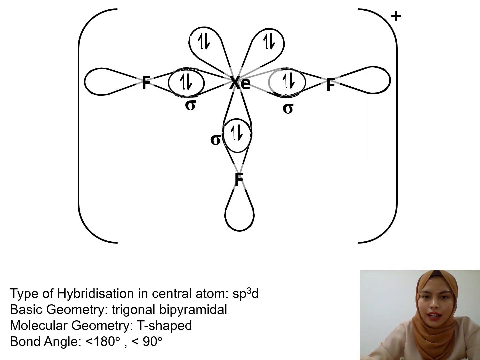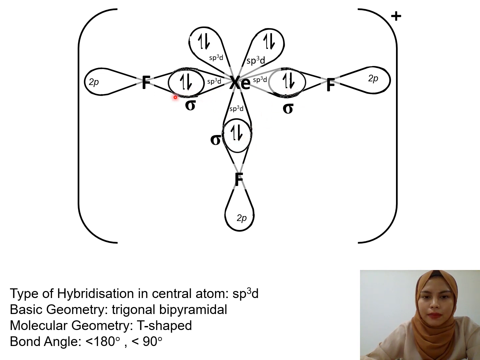Okay, so this is how you should draw you punya molecule XeF3+. Okay, di mana you draw dahulu the sp3d hybrid orbital for Xe+. Okay, di mana Xe ni dia ada 2 lone pair dan juga 3 sigma bond.